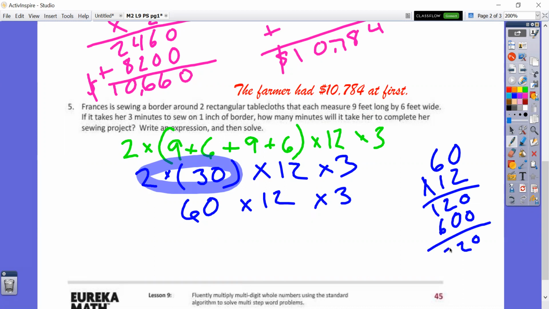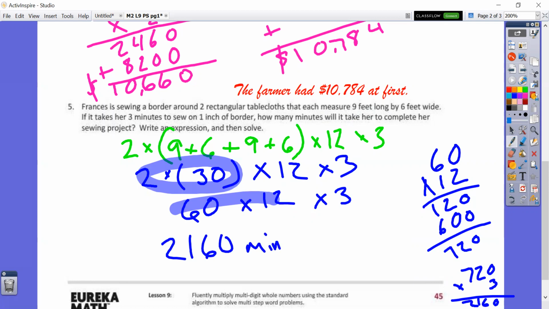There we go. 720 is for just this part of the expression. And then we needed to multiply that by 3 to get the minutes. 3 times 0 is 0, 3 times 2 is 6, 3 times 7 is 21. So our answer is going to be 2,160, but we're talking about minutes.